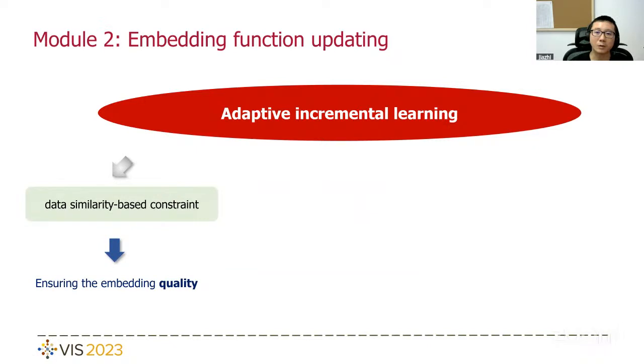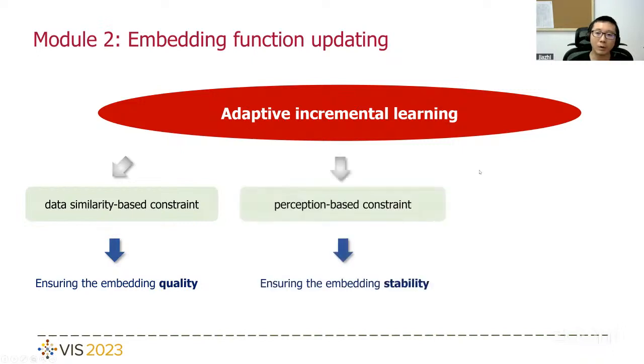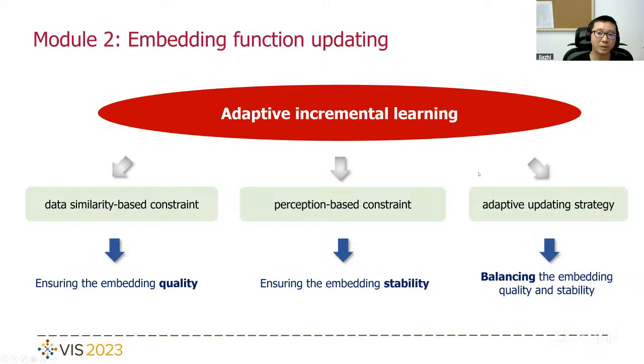We can introduce incremental learning for its online update. We propose a similarity-based constraint to ensure the embedding quality, a perception-based constraint to ensure the stability, and an adaptive updating strategy to balance between the two constraints.